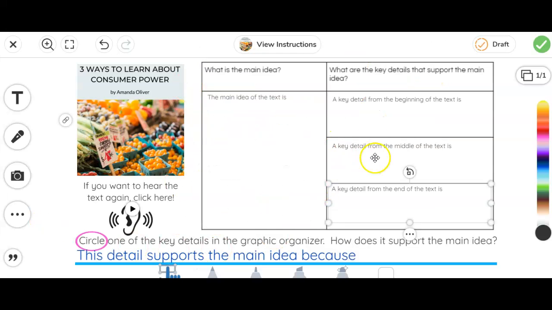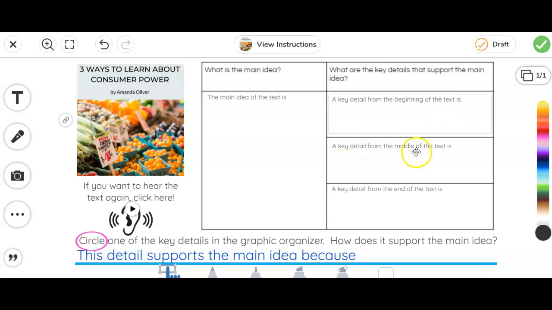And here we are, friends, inside of the Seesaw activity. You'll have a chance to write about what your idea of the main idea of the text is. Even if you click right here, you can click and you can start to type in whatever it is that you want to type. Then it says, what are the key details that support the main idea? A key detail from the beginning of the text is, you can click in there and continue writing in there.